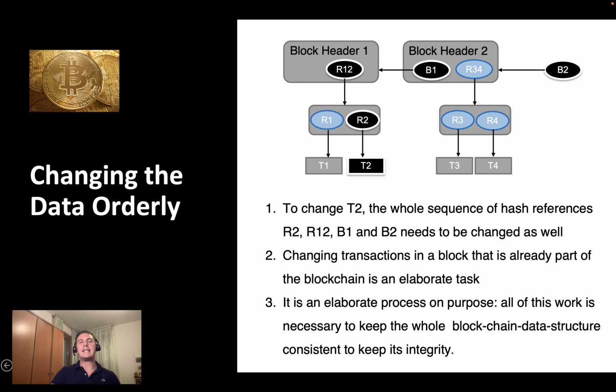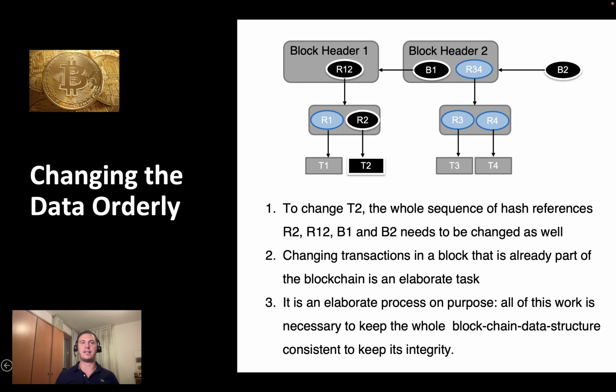In this figure, we can see instead how we can change the data orderly. Previously, I showed that it's not easy to cheat or to recreate a transaction because it will be clear that the hash connection is not the same.